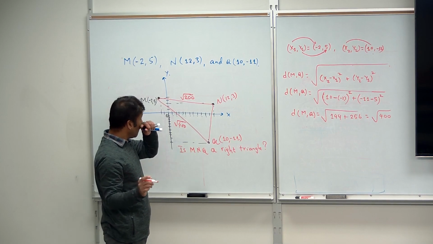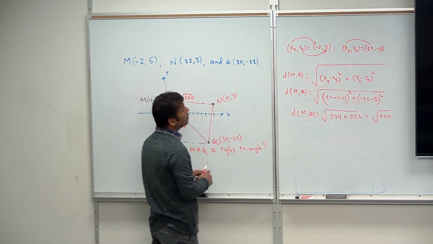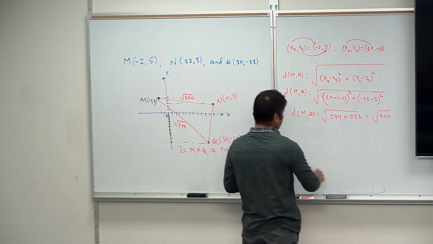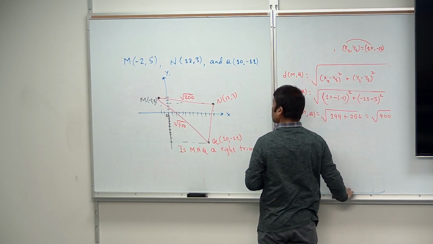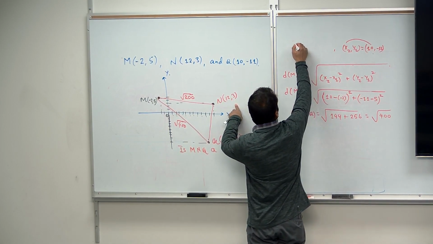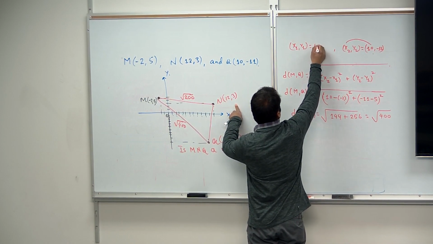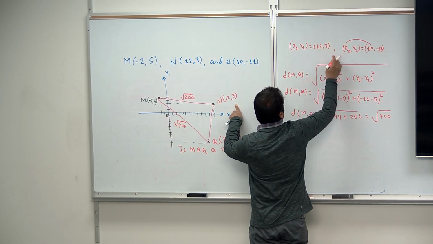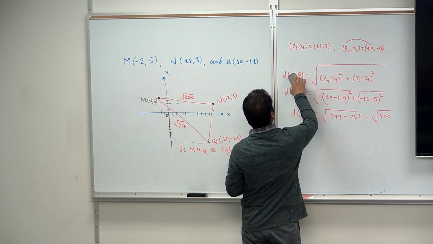Yes? Now, next you need to find the distance between what? N and Q. What is your N? N is 12, 3, right? So let's say your x1, y1 is 12, 3. So you're going to find the distance NQ.